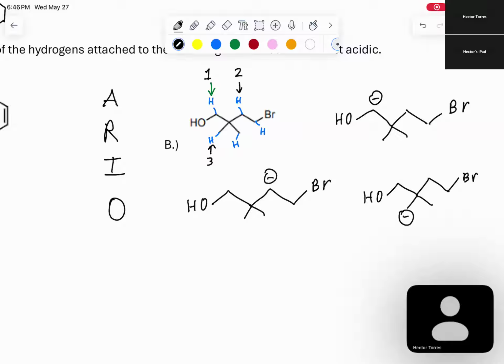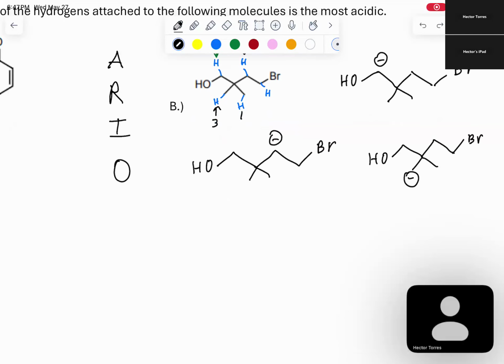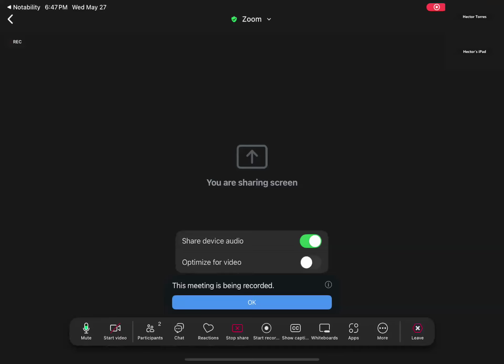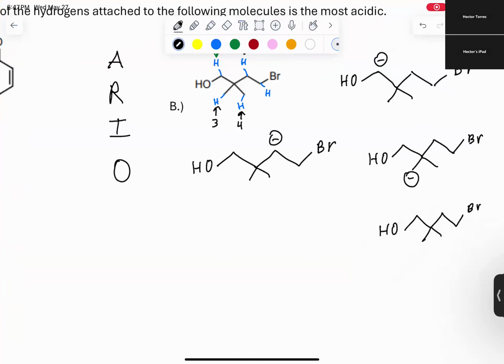And the negative charge goes here. Actually, this one will be exactly, well, no, it won't. It's different. So let's try that one too. This will be option 4. Negative charge here.